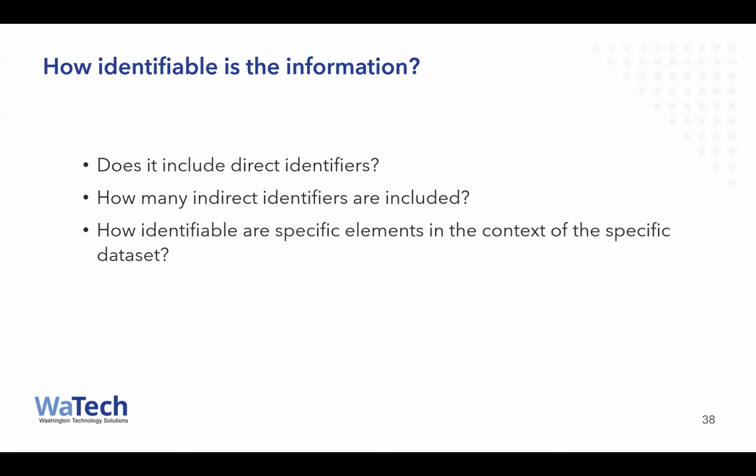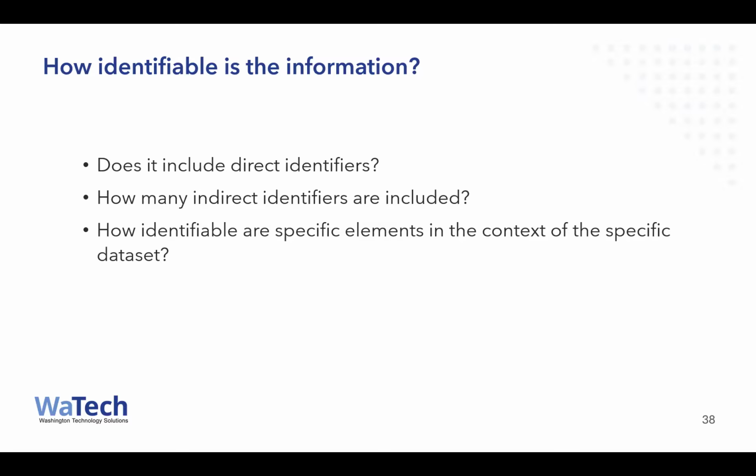We want to look at how identifiable the information is itself. So obviously, if it includes direct identifiers, it's going to be pretty identifiable. We want to look at how many indirect identifiers are included. So one indirect identifier is not very likely to re-identify somebody, but we could think about this through the lens of something like location data, where one data point of where someone is at a particular point in time is not very identifiable.